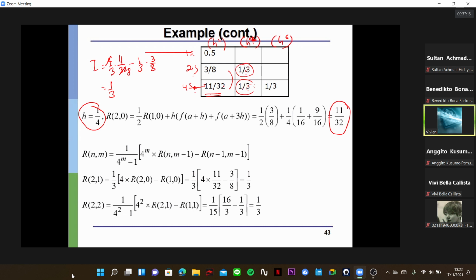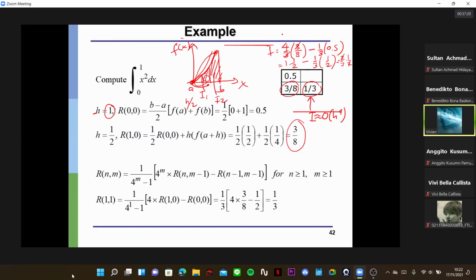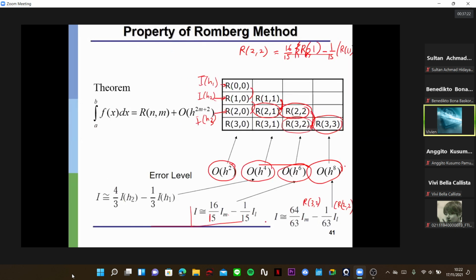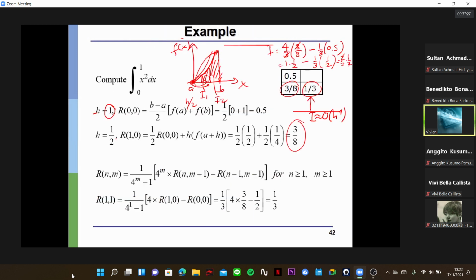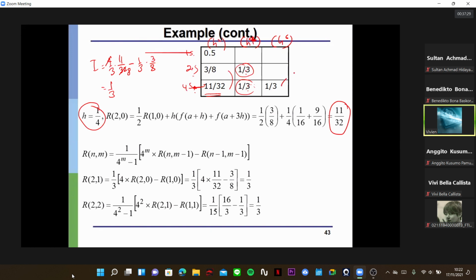But we can further increase it to 6th order. If we want to use the 6th order equation, we combine this IM with IL. The calculation here will be 16 over 15 of IM, which is 1/3, the bottom, more segment, minus 1 over 15 times 1/3 as well, because the value is the same, 1/3.